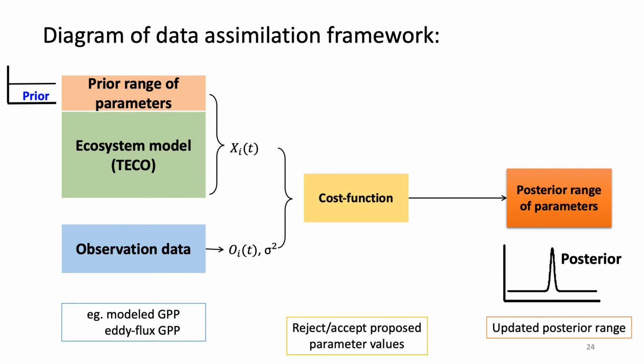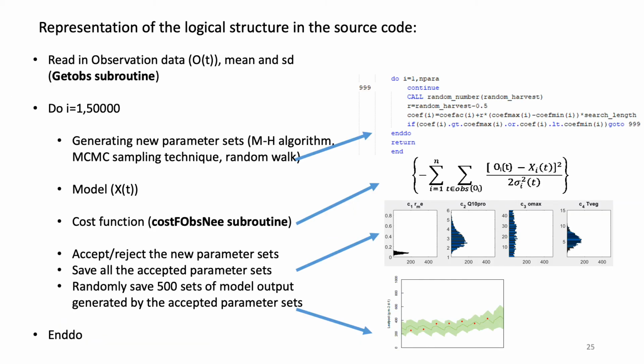Again, I want to show you the workflow of the data model fusion framework and help you go through the different steps. Although you don't have to look at the source code at all in order to run data model fusion, let's go over a little bit the basic flow of data assimilation. In the getObs subroutine, we read in observation data, mean and standard deviation.